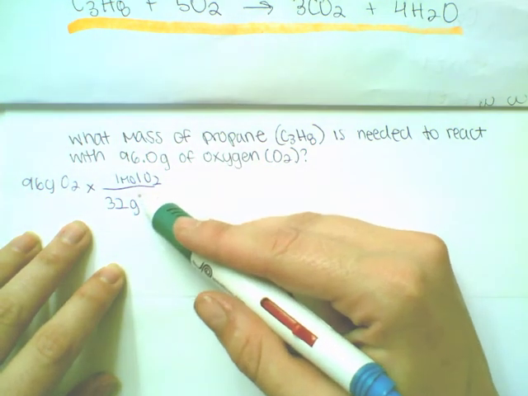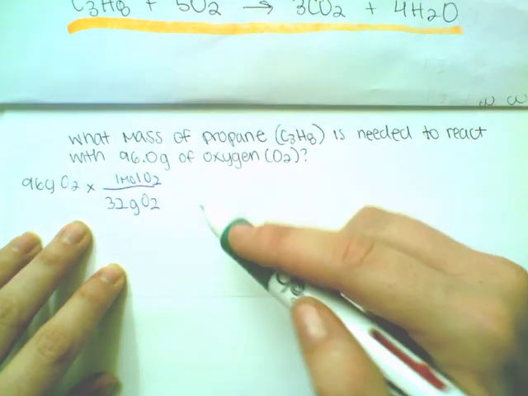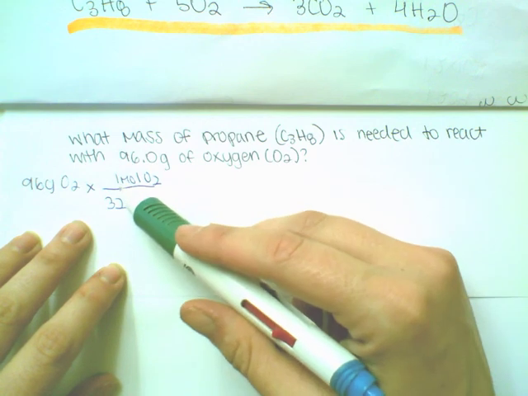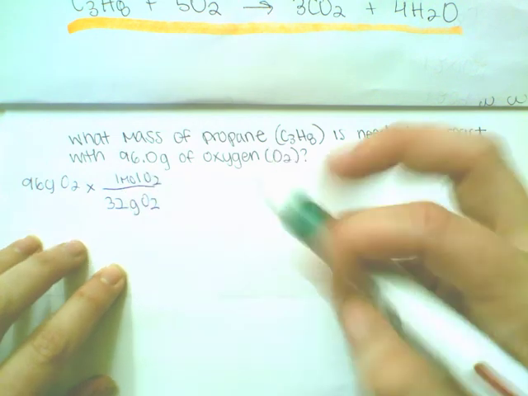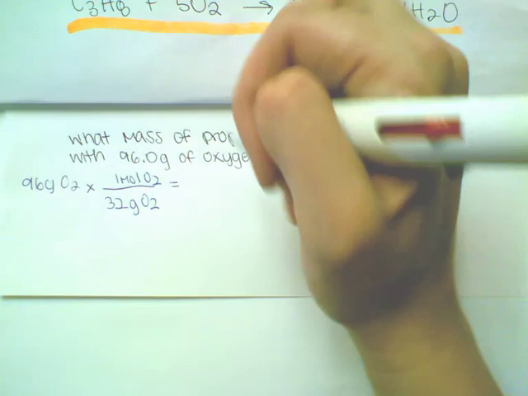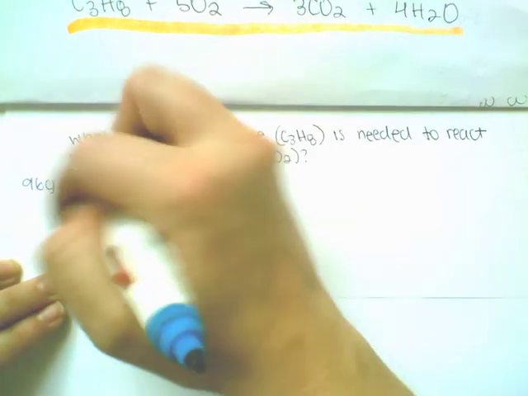The only time you write anything other than 1 next to moles is when you're doing the ratio of coefficients. By definition, this is the grams in 1 mole, grams per mole. So 96 times 1 divided by 32, and you will get 3 moles of oxygen.